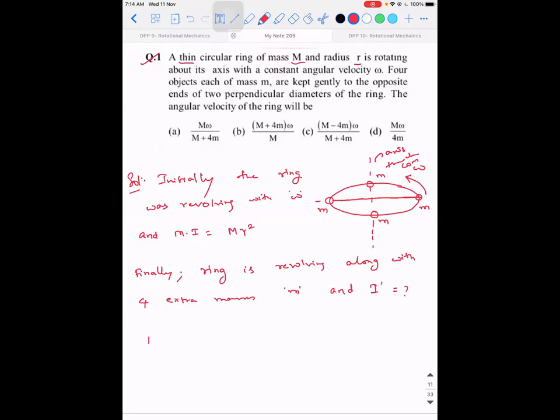So what is the new moment of inertia? I dash will be equal to the moment of inertia which is already existing for the ring, that is capital mr square, plus how many masses are added? 4 masses, right? So 4 times m into each mass is at how much distance from the axis of rotation?